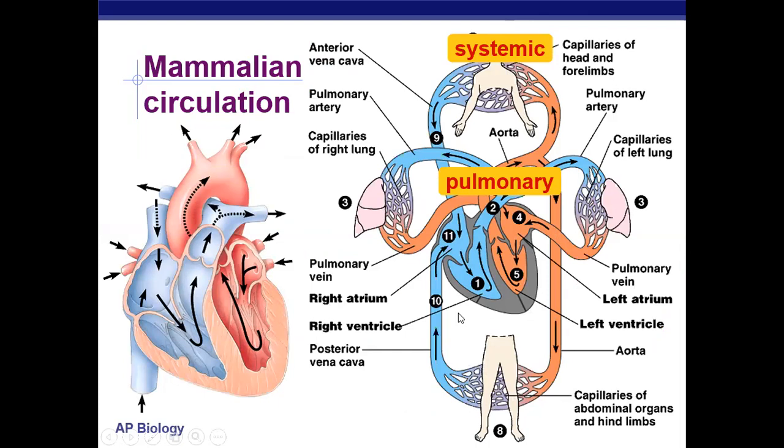The pulmonary circuit is the circuit of the circulatory system that goes to and from your lungs, taking carbon dioxide back to the lungs, and then going back to the heart and being pumped through the systemic circuit to the other parts of your body.